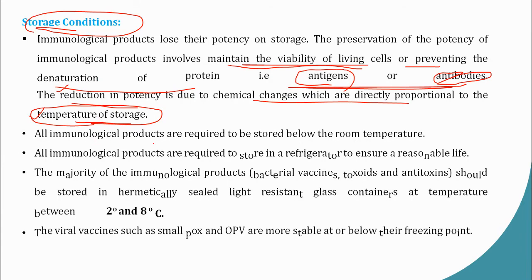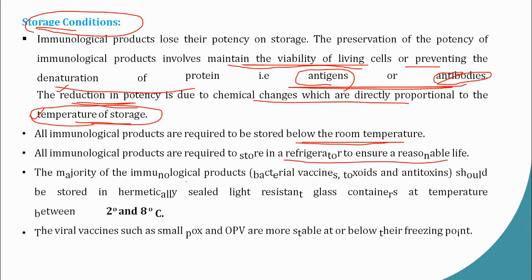All immunological products are required to be stored below room temperature. As we said, chemical changes take place if they are not stored at low temperature, and there will be a reduction in potency. Therefore, all immunological products should be stored below room temperature, in the refrigerator, to ensure a reasonable life.